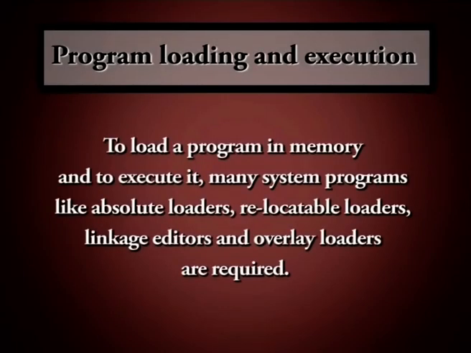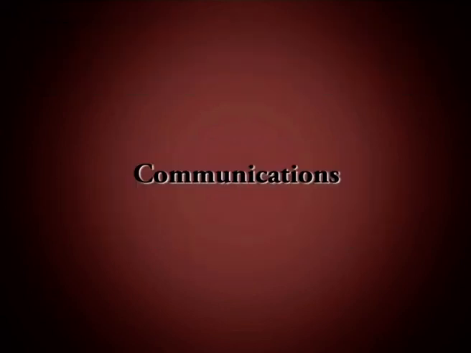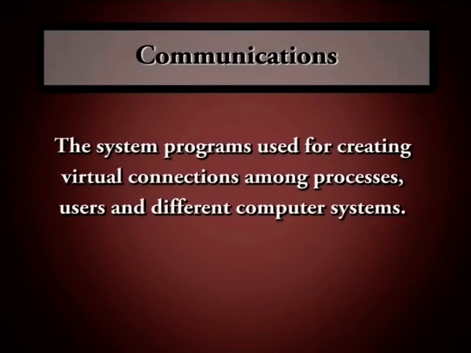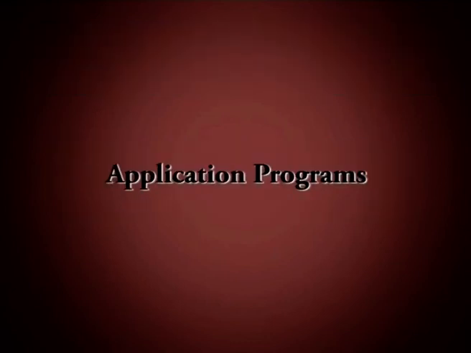To load a program in memory and to execute it, many system programs like absolute loaders, relocatable loaders, linkage editors and overlay loaders are required. Next is communications. These system programs are used for creating virtual connections among processes, users and different computer systems. Next we have application programs.